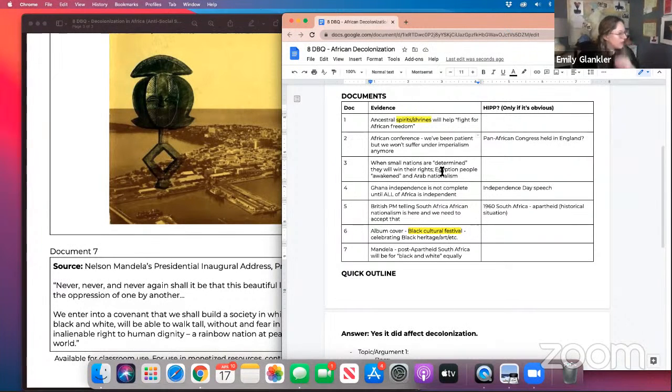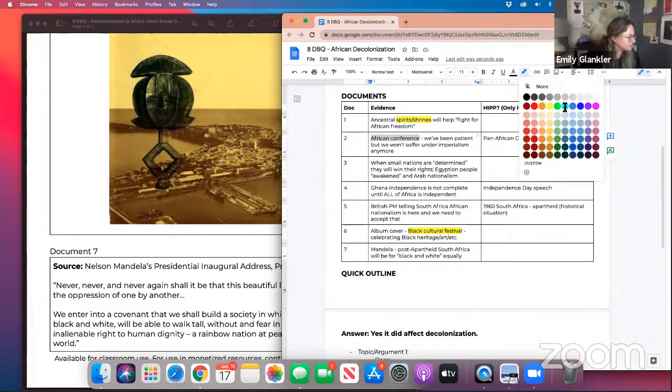Not so much. Then there were a few documents that are about the broader African nationalist movement. So not nationalism in Kenya, but nationalism around Africa. And so for me, that's the Pan-African Congress itself, right, which is about African nationalism across the whole continent.